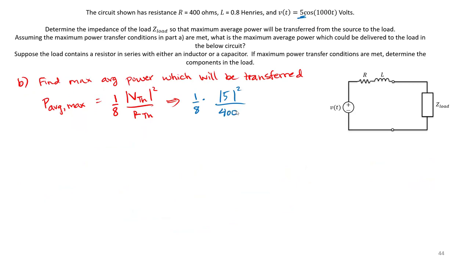So we plug in 400 down below. So we get 25 divided by 8 times 400, and therefore we determine the maximum average power we will be able to transfer is 0.0078125 watts, or about 7.8 milliwatts.